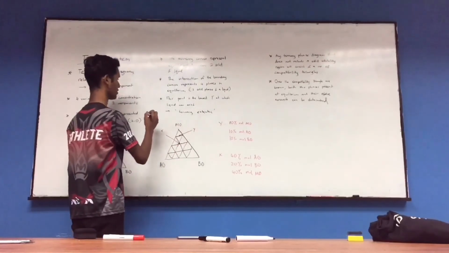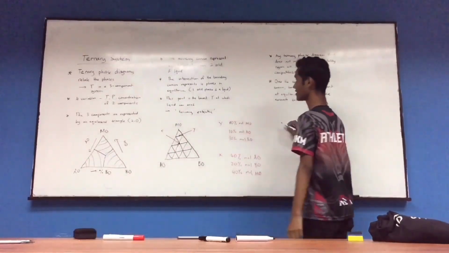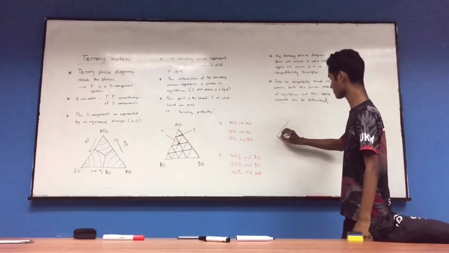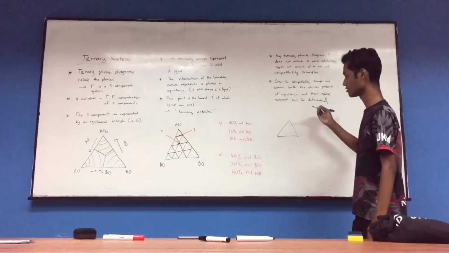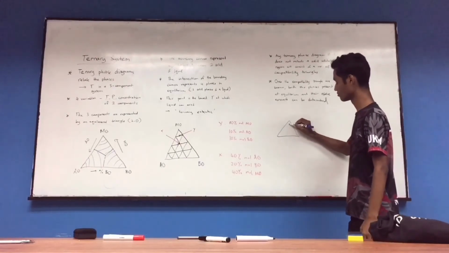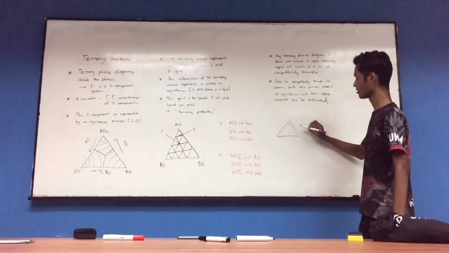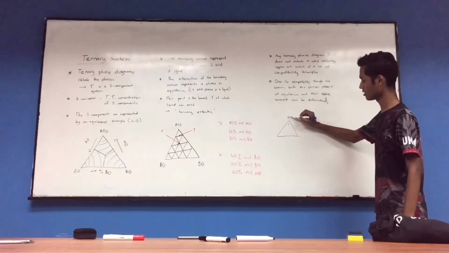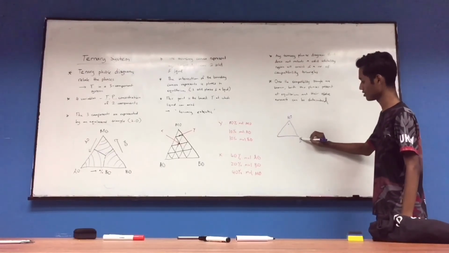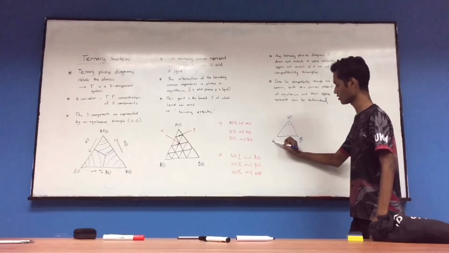I will draw the diagram. This is the triangle, and this is point Y. This is MO, BO, AO.